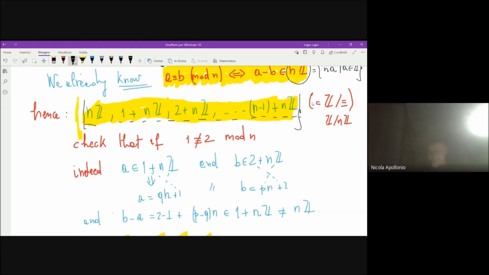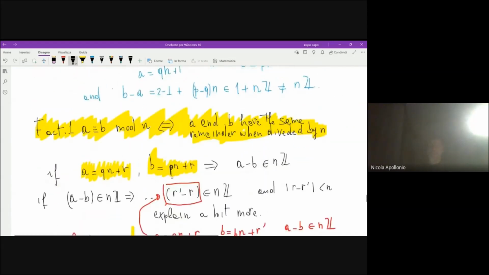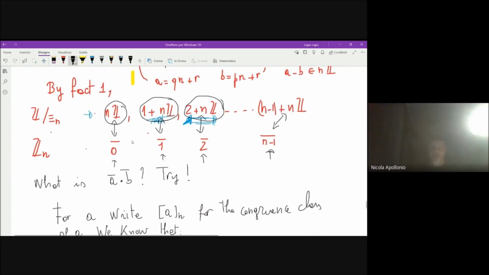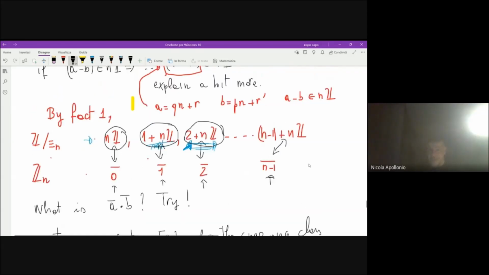And so, with this observation, we also start to devise a way of defining operations on this new symbol.